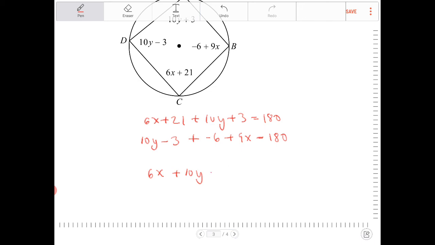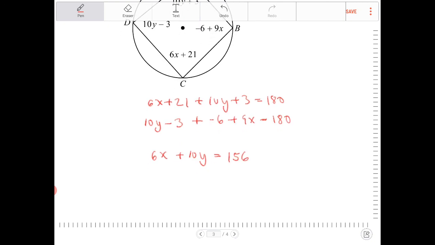So I will end up with 180 minus 24, that would be 156. And the bottom equation, I end up with 9x plus 10y is equal to, add both sides by 9, 189.